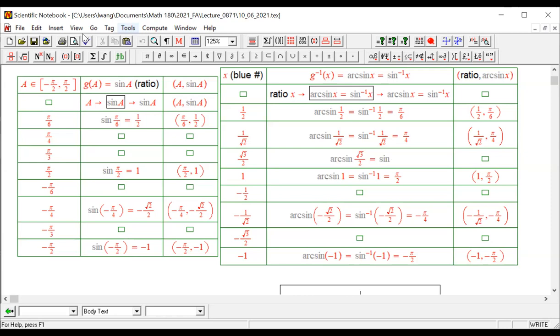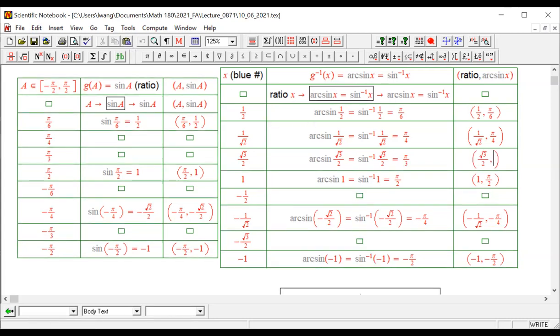I wrote two forms because in the future, you don't know which form your professor prefers. Sometimes they use them interchangeably, and you don't want to get stuck there. So the best way is to get familiar with all the forms.